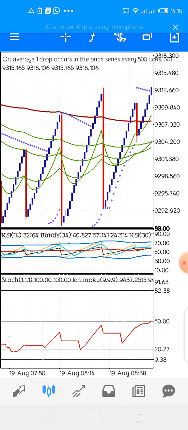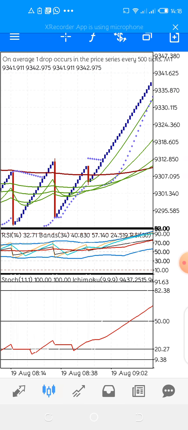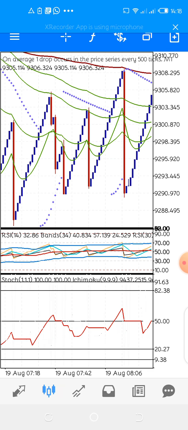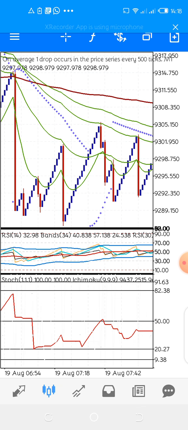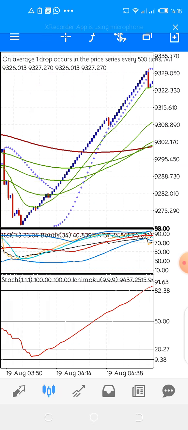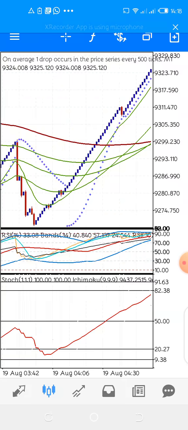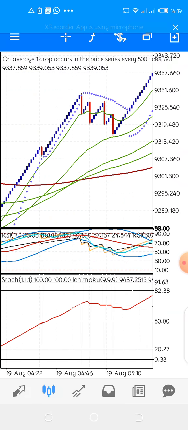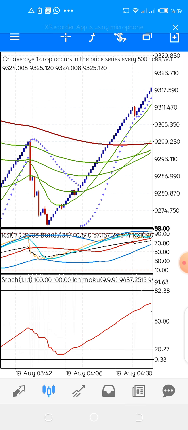It is an advanced market maker, meaning I will be using the TDI, which is in the second window, and I've added Ichimoku on the lower window for more confirmation. And then on the main chart, I have 5 moving averages.